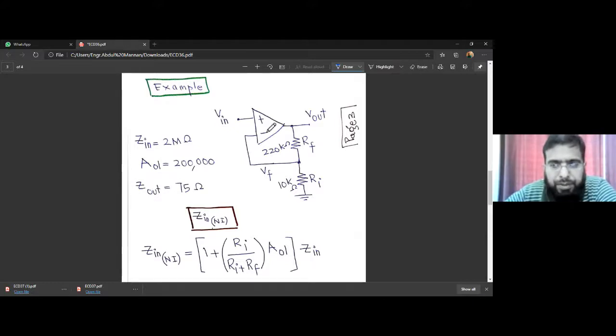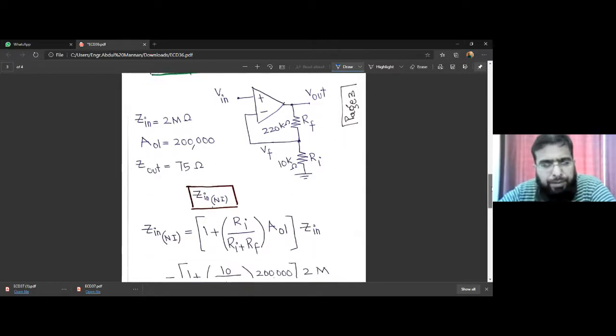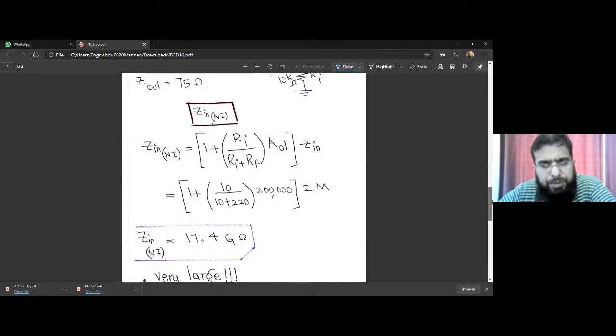So if we are given an op-amp as an example, where Z_in is 2 mega ohms, A_OL is 200,000, and Z_out is 75 ohms. It's already very small, and we see that when we apply the feedback, the input impedance is increased from 2 mega ohms.